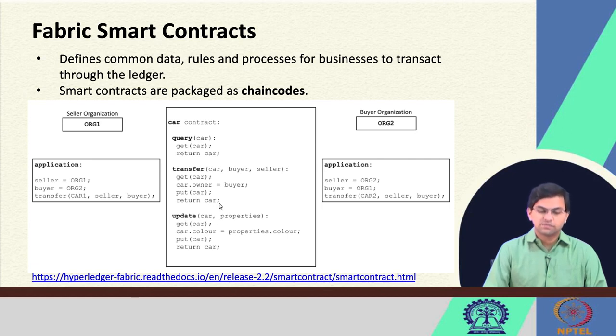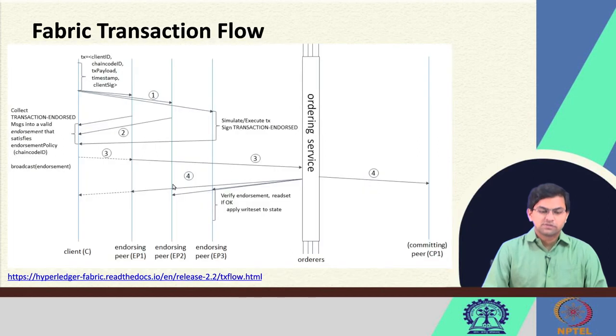Similarly, update will update the other values or properties of this particular car and then save it back to the ledger. In this way any business logic can be programmed into a smart contract and deployed into the Hyperledger Fabric network.